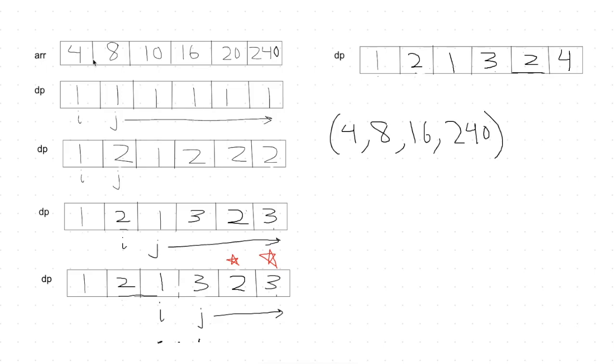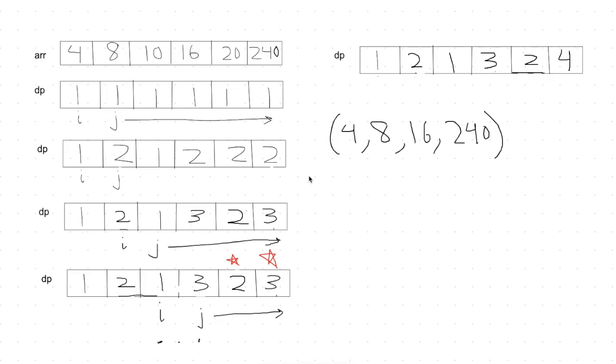So this should lead to a dynamic programming solution because we know we can break the problem down into smaller pieces and reuse previous computations. We're going to initialize our DP array to all ones, and essentially what this is saying is, at this index, what is the largest subset that I've seen so far? And they're all going to have size 1 initially. So now let's process the rest of the array with two for loops.